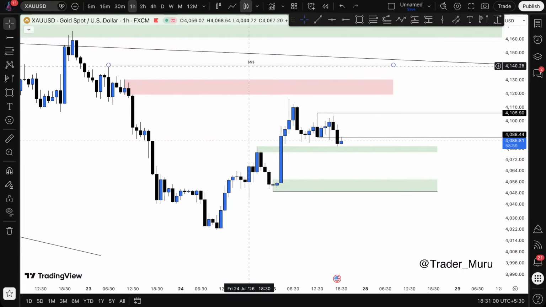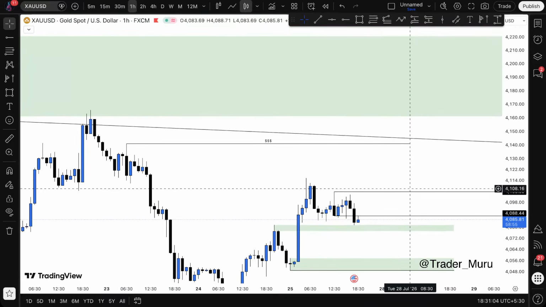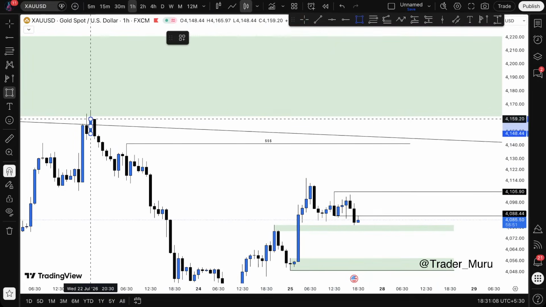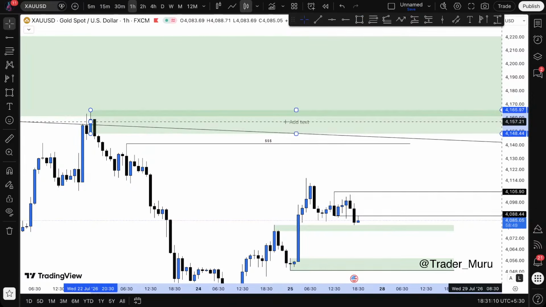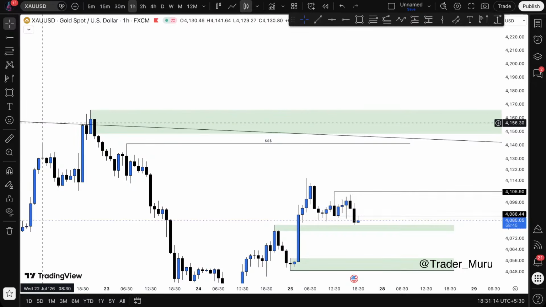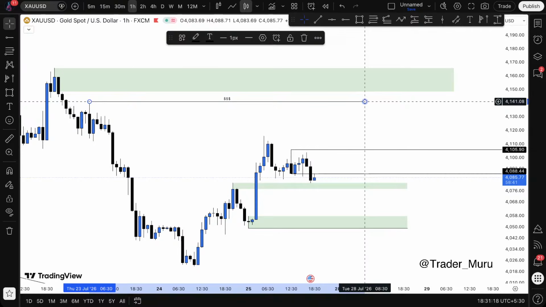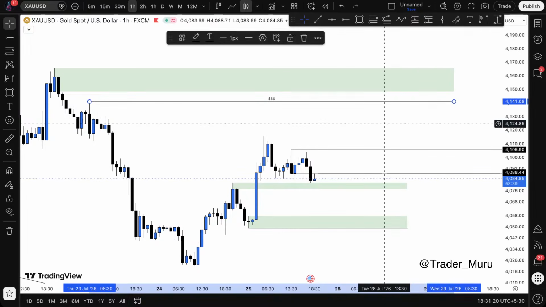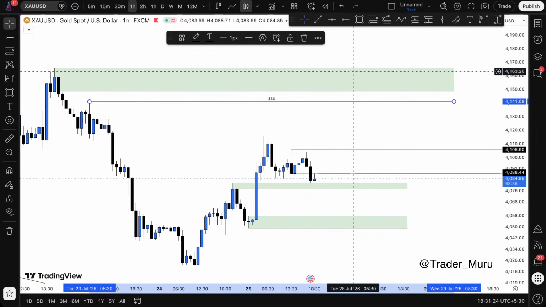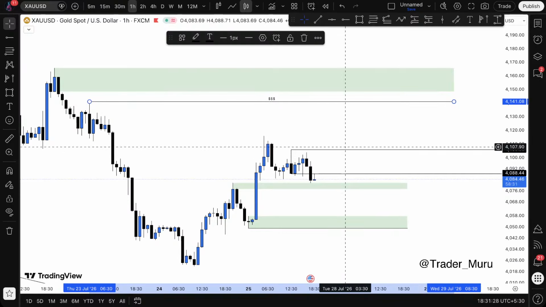We have liquidity here at 4140 and a 1 hour pending order block which is still pending for the test, this one. So till this area we are watching for buy from these two areas, and from here we will be watching for short.